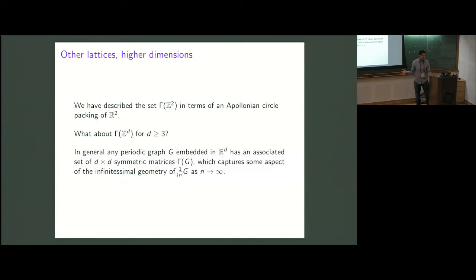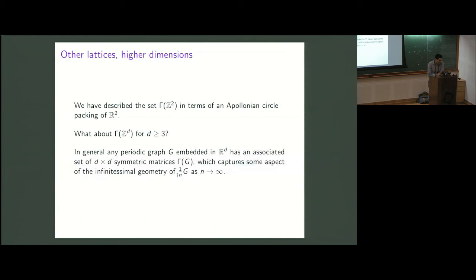So what's gamma of Z3? I think that's a good PhD thesis. It's not going to be easy. It's a high-dimensional set, right? It lives in 3x3 symmetric real matrices. But you can get data, and you can cut various slices of it, and there'll be lots of conjectures that you can make, and then you can try to prove them. So it's going to be something cool.